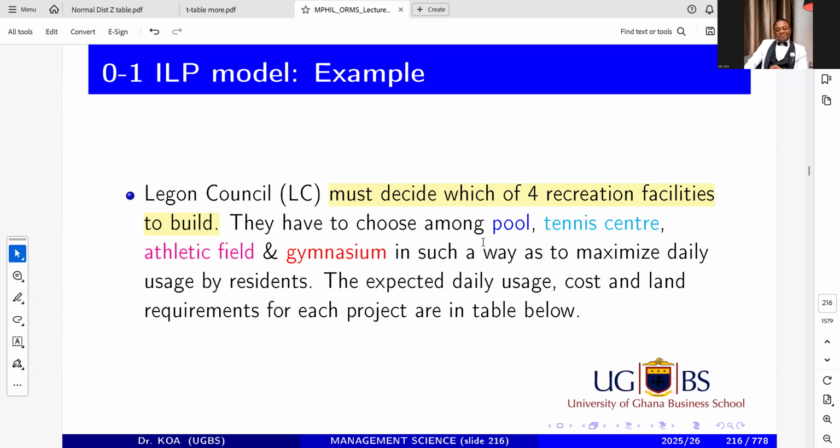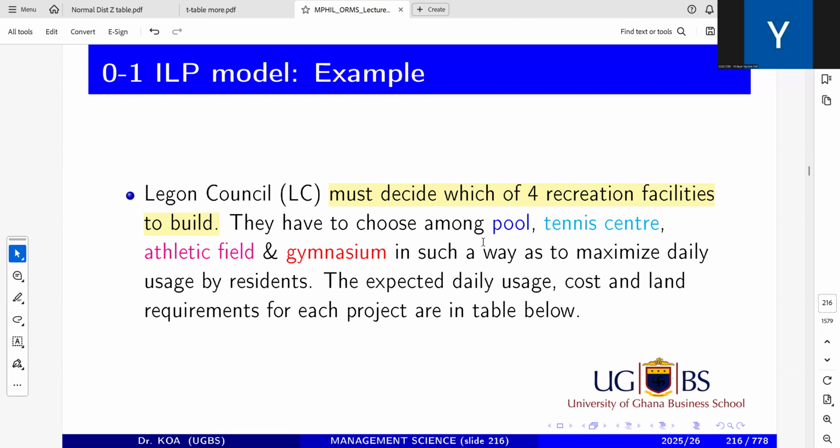Now, let's go to the next one, which is binary. These are not the most important ones I'm planning on teaching you today. Doc, please, I have a question. Yeah, go ahead. I remember when we had a physical class, you mentioned that every constraint is an individual constraint.